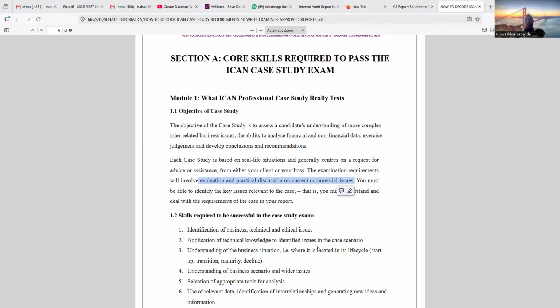Therefore, you must understand and deal with the requirement of the case study in your report. That means when you understand, you are able to identify those issues, then deal with the requirements. You identify the issue, then you deal with the requirement.